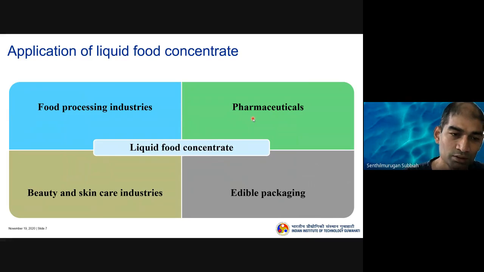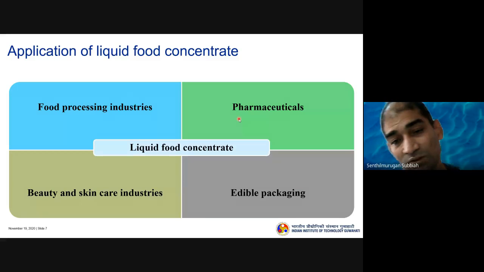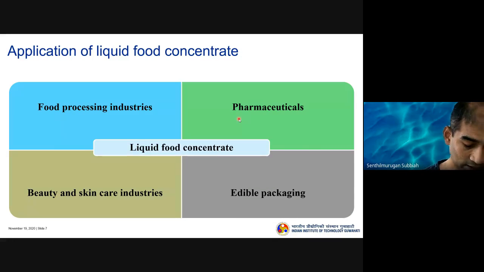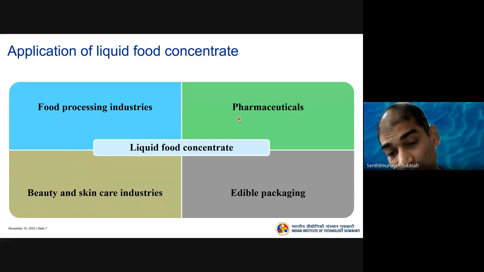When we talk about the applications of food concentration, one is food processing, like the juices, where we need to concentrate. Another is pharmaceutical applications, where we need to concentrate the drugs so that the concentrated drugs can be crystallized and manufactured in tablet form.